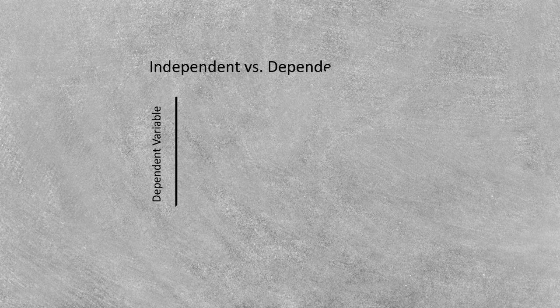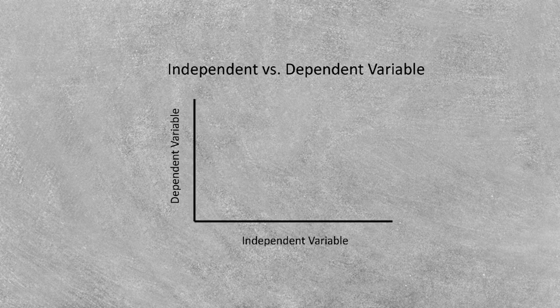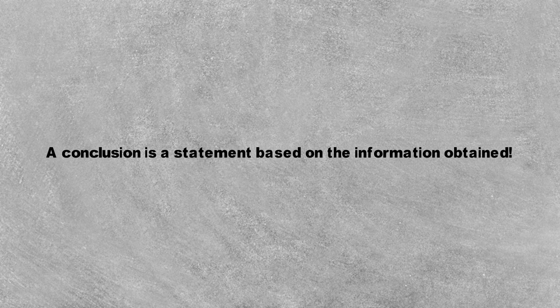When you do analysis and results, it's always good to use a graph. And on the graph, you should always have the independent variable at the bottom and the dependent variable on the side of the graph. Conclusion. A conclusion is a statement based on the information obtained. The hypothesis gets a tentative thumbs up to the idea that the hypothesis may be true.